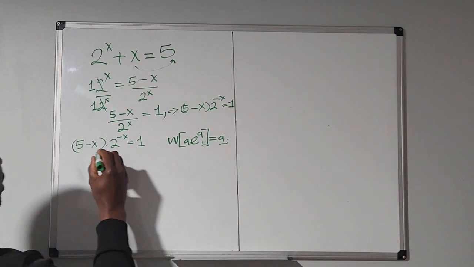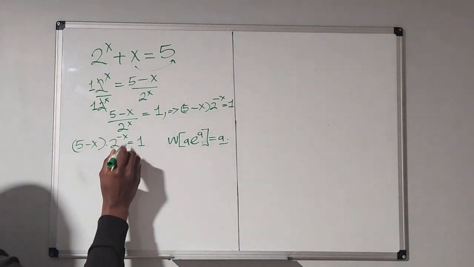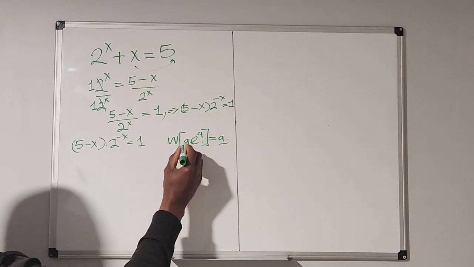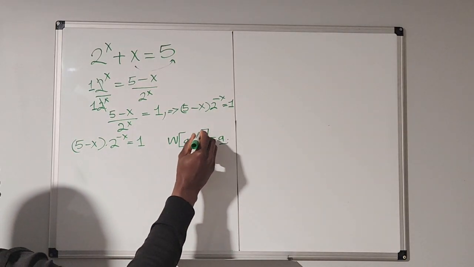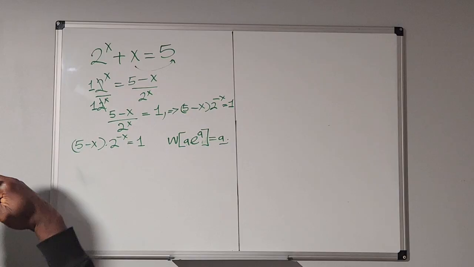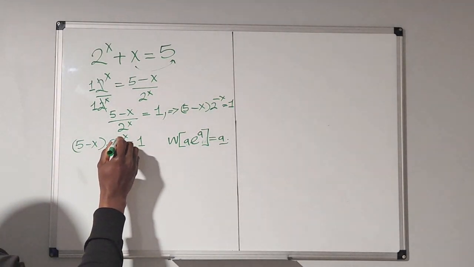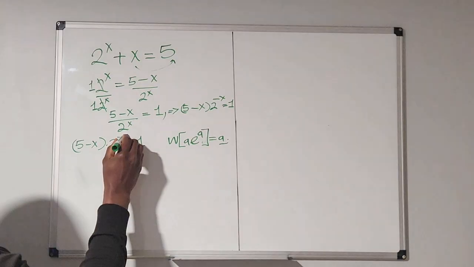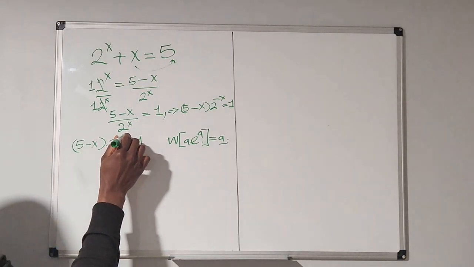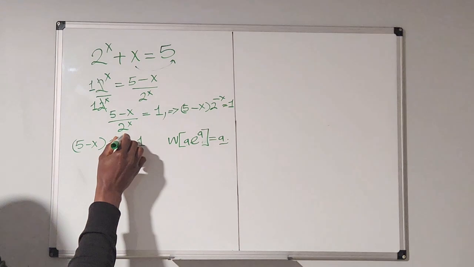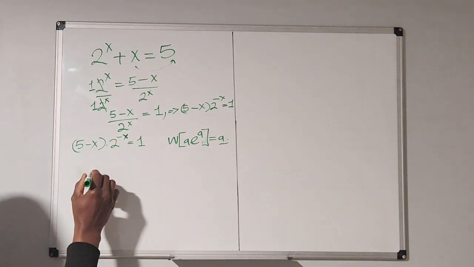So now we need to try to rewrite this left-hand side in the format of a e raised to power a. So let's try. Here we have 5 minus x, we have 2, and we have minus x. So we have like 5 missing at the top. So what can we do to get 5 up there at the power?